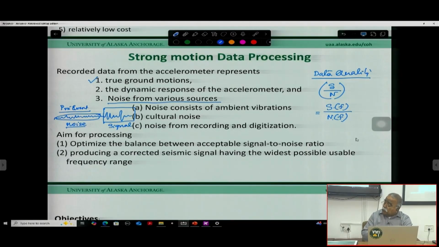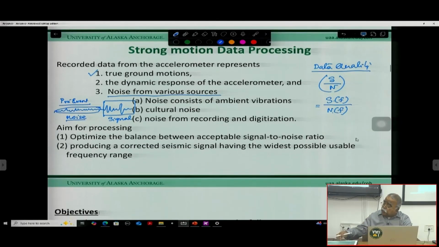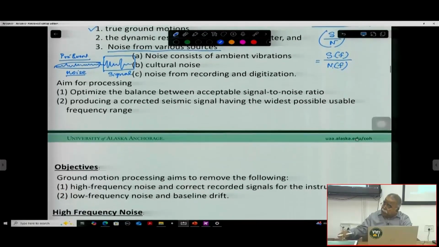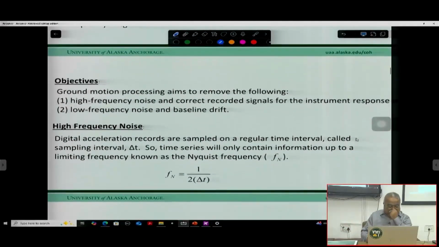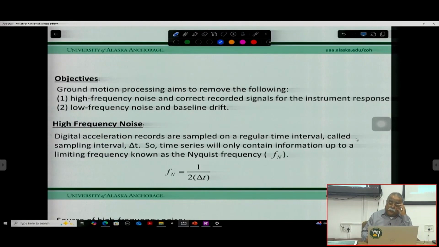Now, our next part is the processing of the data. Before you start recording, you need to decide on your sampling interval, right? That's your sample interval.